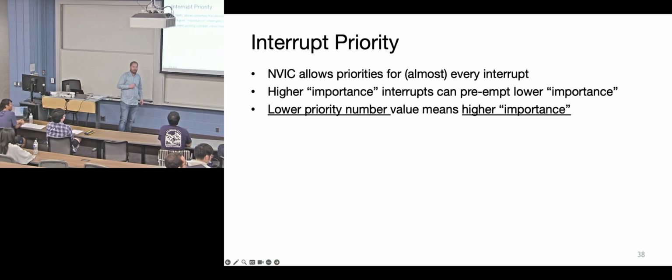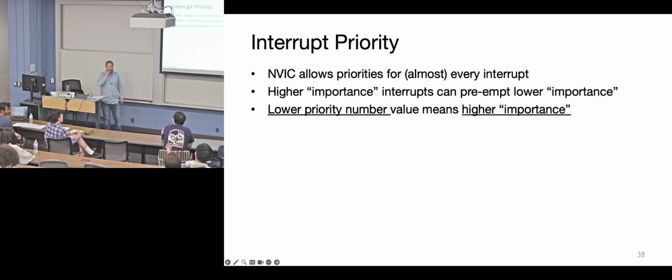Because 0 is like the first one you actually see on the vector table. Yeah, okay, there's something there. Maybe so that you have a set value for the highest priority, whereas if you did it the other way around, you would just get larger and larger. Right, so that's part of the reason too. So starting with 0 as the most important thing defines any higher number to be less important.